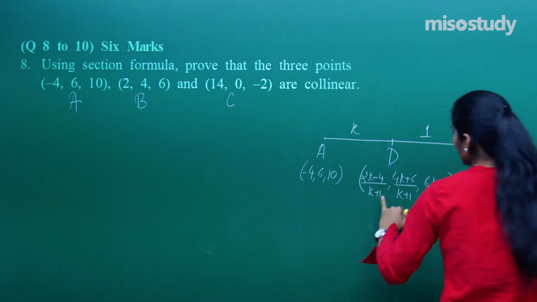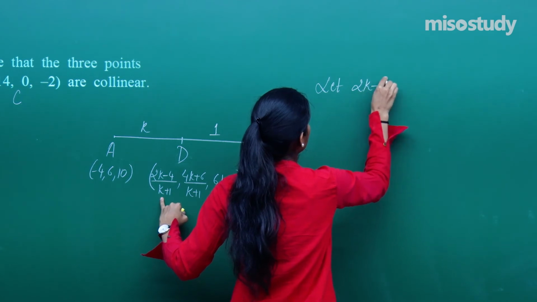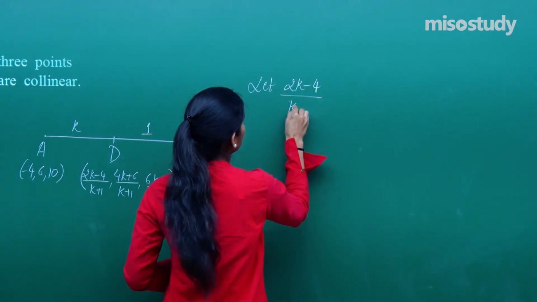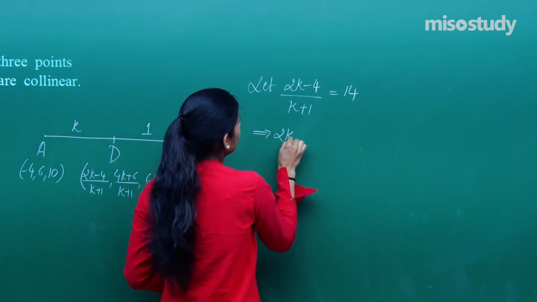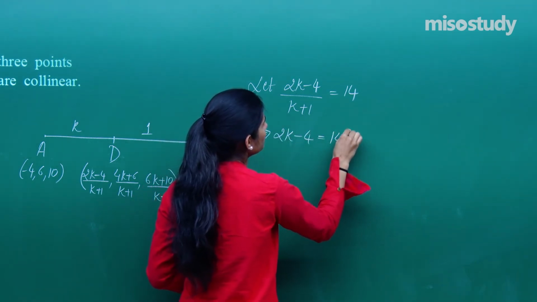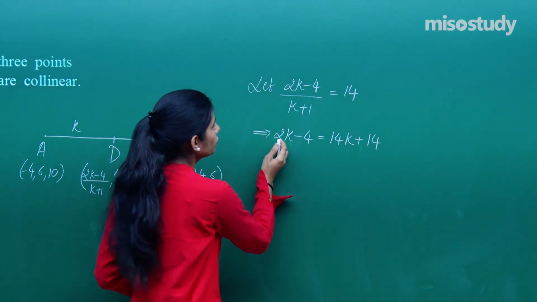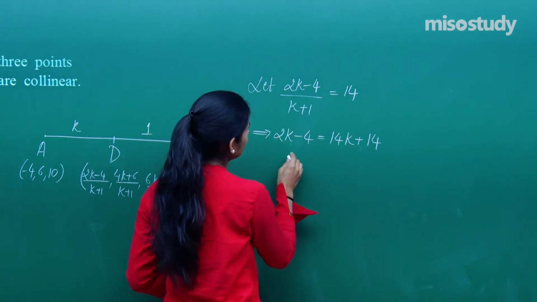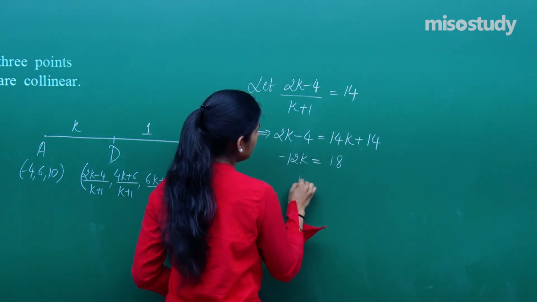So let's see for which value of k this is coming out to be 14. Let 2k minus 4 upon k plus 1 be equal to 14. This means 2k minus 4 is 14k plus 14. 2k minus 14k is minus 12k, and 14 plus 4 is 18.